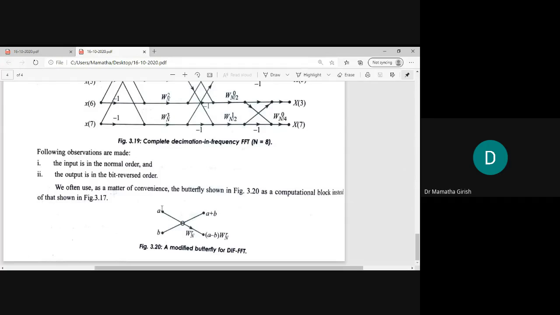A and B are the inputs, and in the outputs, the upper arm is just A plus B. But in the lower arm, A has to be added with the negative counterpart of B, that is A minus B, and the whole thing has to be multiplied by the twiddle factor W to base N to the power of R.